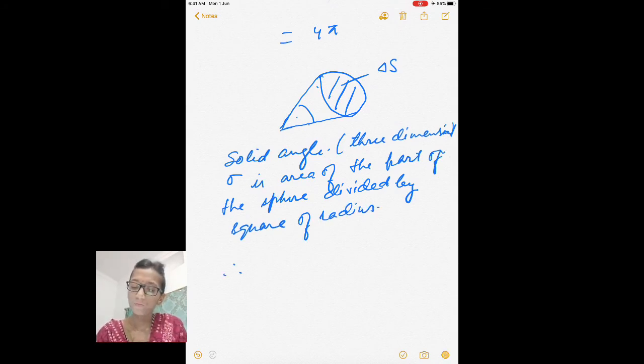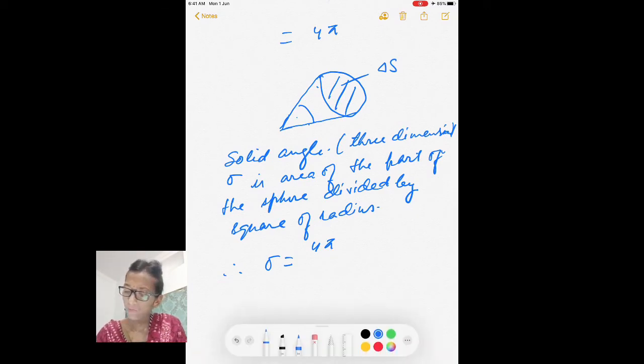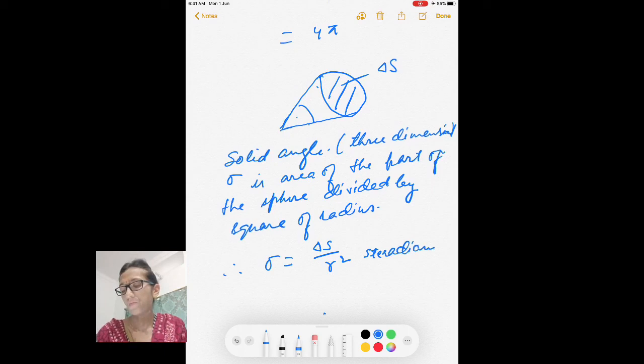Therefore, sigma is equal to 4 pi for the complete sphere. Here I have taken surface area del S. Sigma is del S upon R square, and it is written in terms of the unit steradian. And in short, you can also write sr.